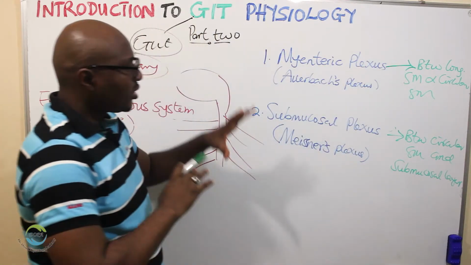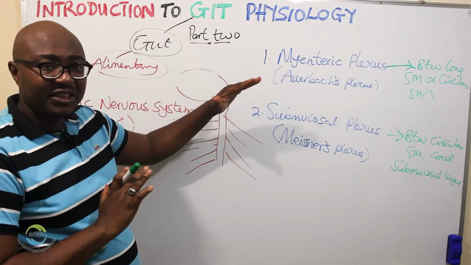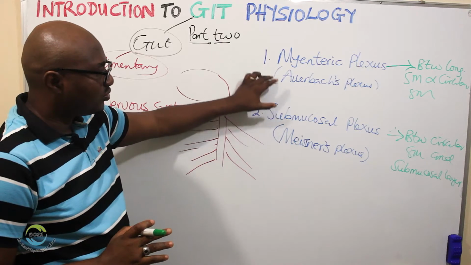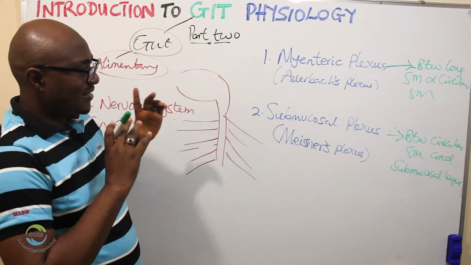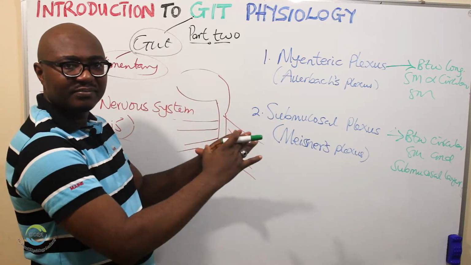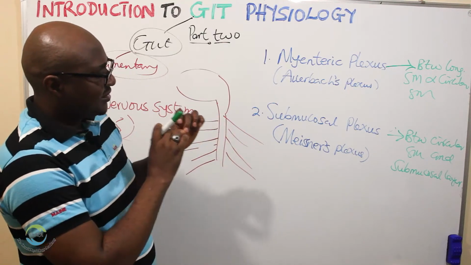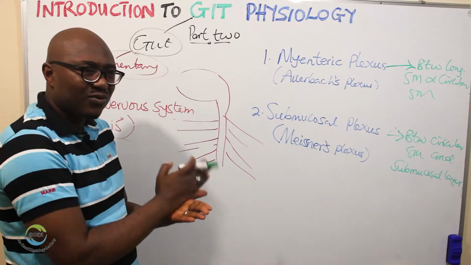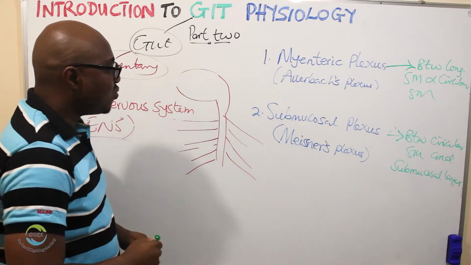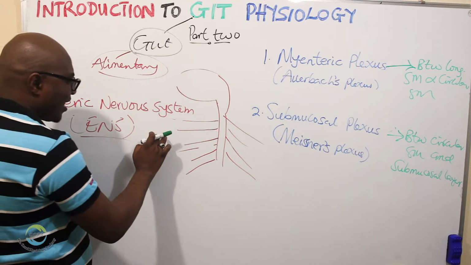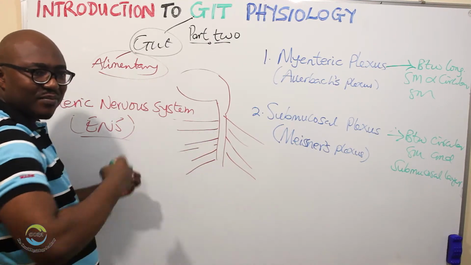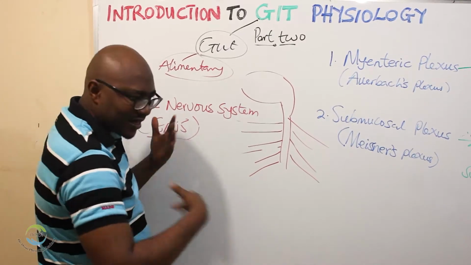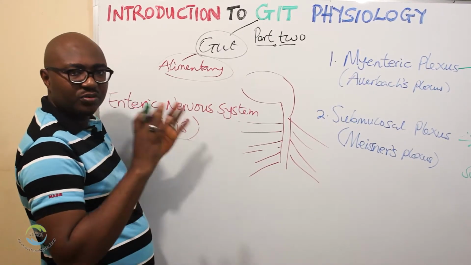So, looking at this arrangement, it will tell you a lot about their function. Remember, the nerves of the enteric nervous system are there to control the functions of the GIT, which we mentioned. You have motility, movement through the contraction of muscle. You have secretion, then digestion and absorption.